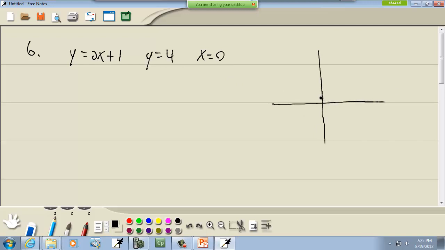So y is equal to 2x plus 1 looks like that. Y is equal to 4 looks like this. X is equal to 0 would be this right here. So our area we're talking about is this right here.